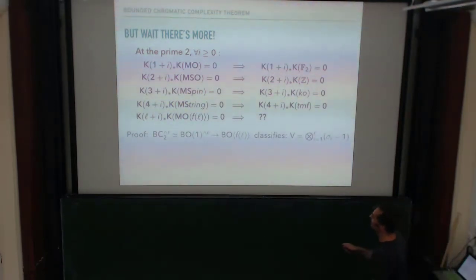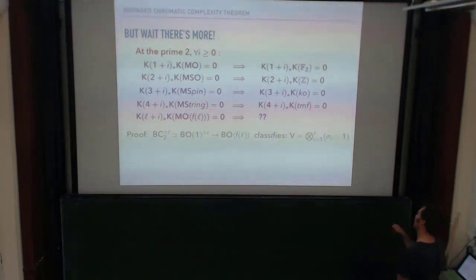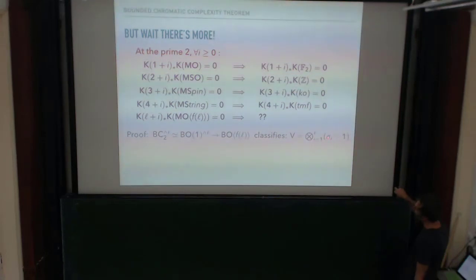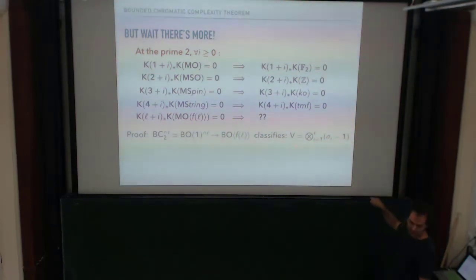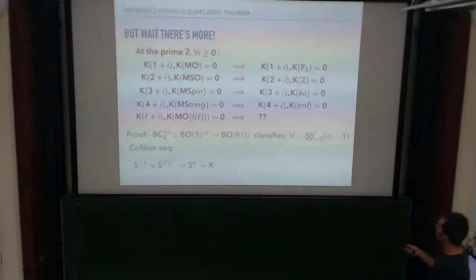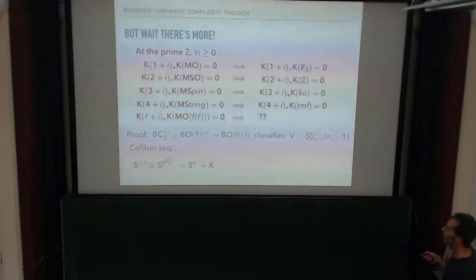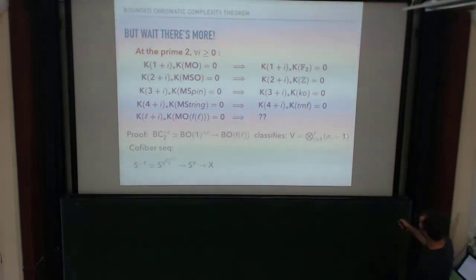If you look at what this is classifying, a virtual representation of this group: if you take C2 mapping down from the Cartesian product, it's just the reduced sign representations tensored all together. So this V, if I take its one-point compactification, inside of here is an S to the minus 1.